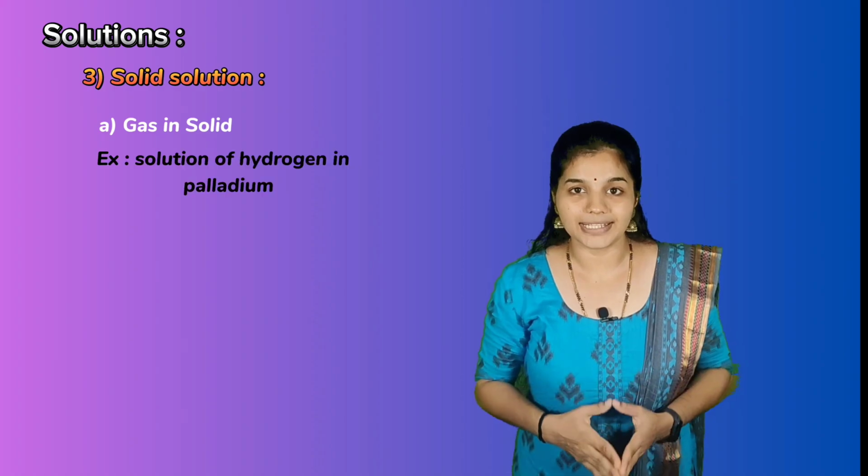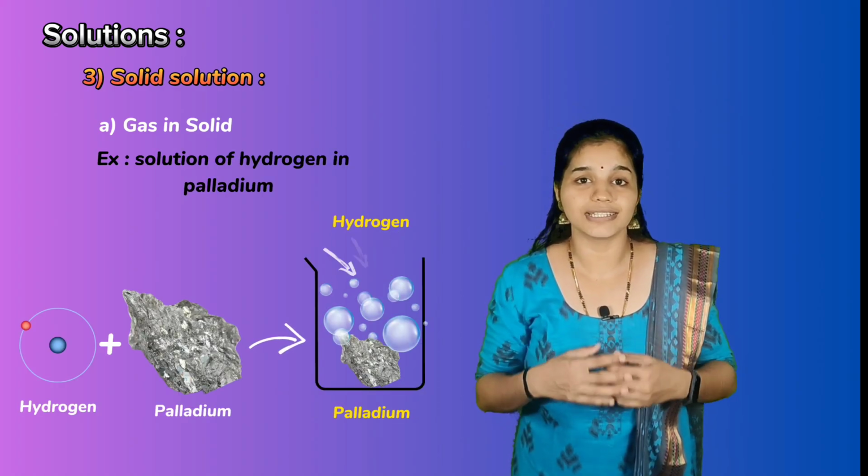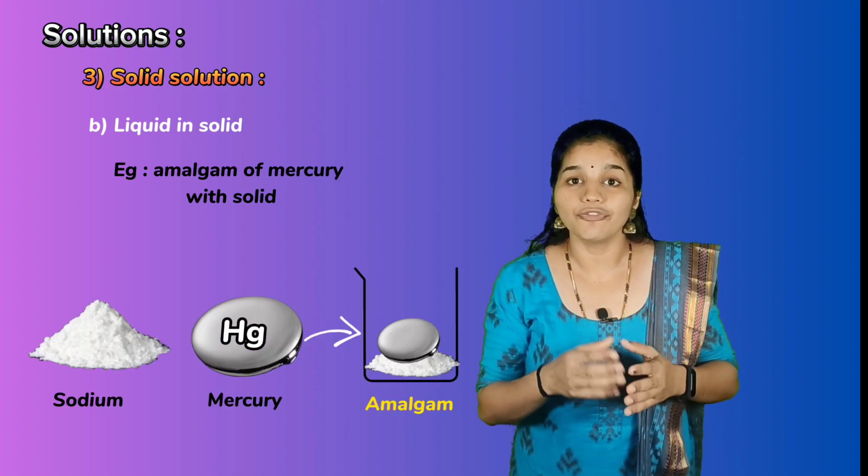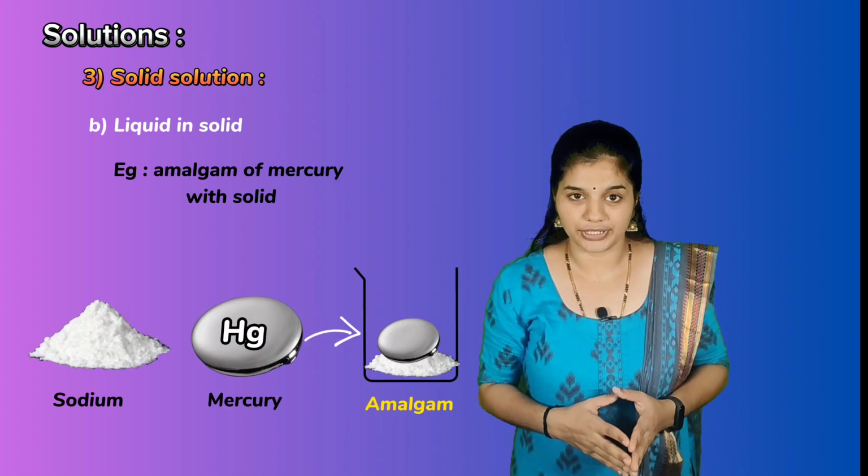Now, if the solvent is solid, what do we call such a solution? Exactly, correct, solid solutions. So, the solutions in which solvent is solid are called solid solutions. How many variations can be seen here? Again, it is 3. Gas in solid. Example is a solution of hydrogen in palladium. Liquid in solid. Amalgam of mercury with solid.